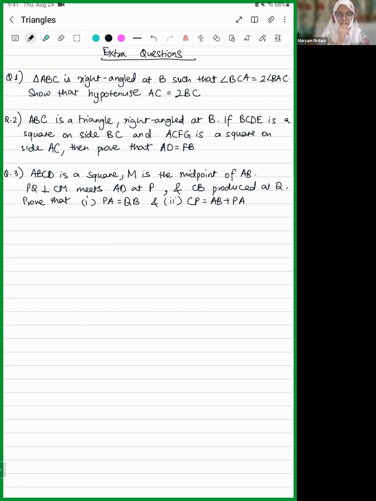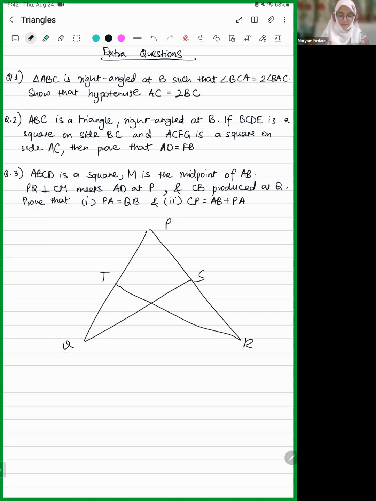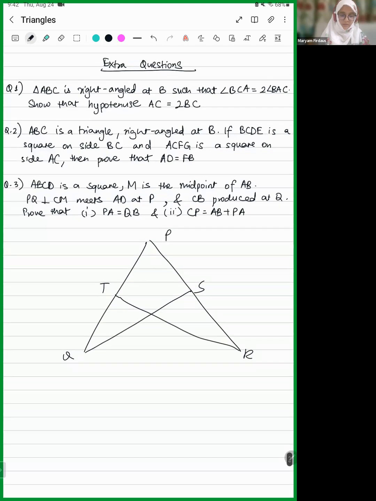Congruence of triangle, right? It was a PDF in which there was a triangle like this. There were three questions: this question, the one that we have just done, and then this one. Okay, fine.